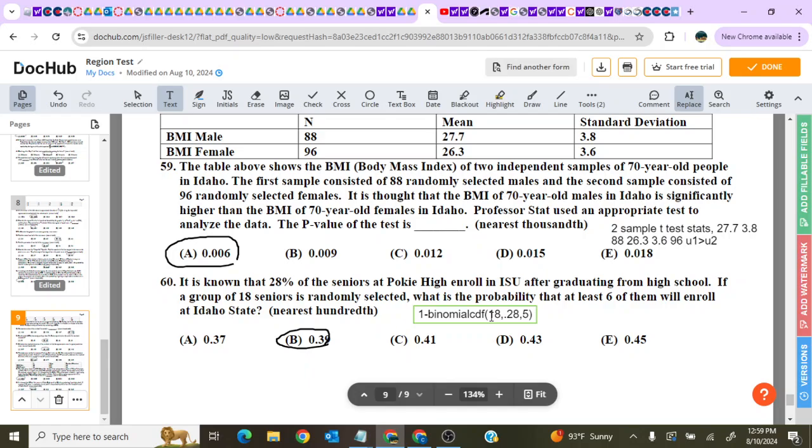So we can use binomial CDF for that. Go to distribution, binomial CDF. And then once you do that, you have 18 seniors being selected. Your probability is 0.28, and your X value you're looking for is 5 or less, so 5. Subtract that from 1, and you get a value of 0.39 as your probability.